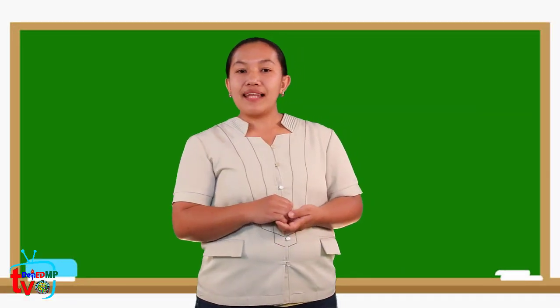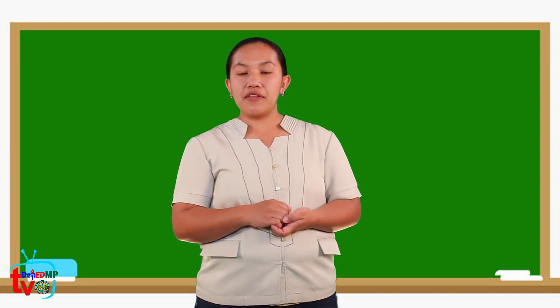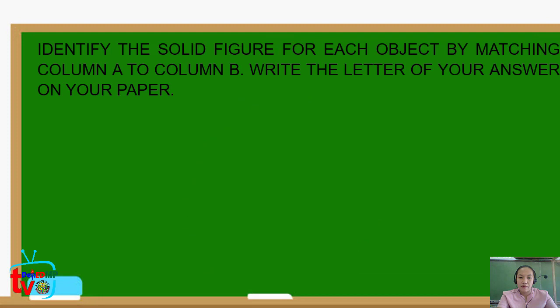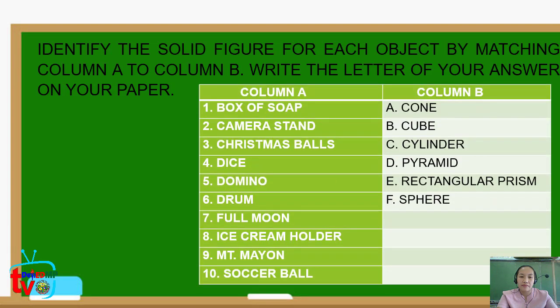This time, let us answer the activity under What's More. Identify the solid figure for each object by matching column A to column B. Write the letter of your answer on your paper. Number 1, box of soap.